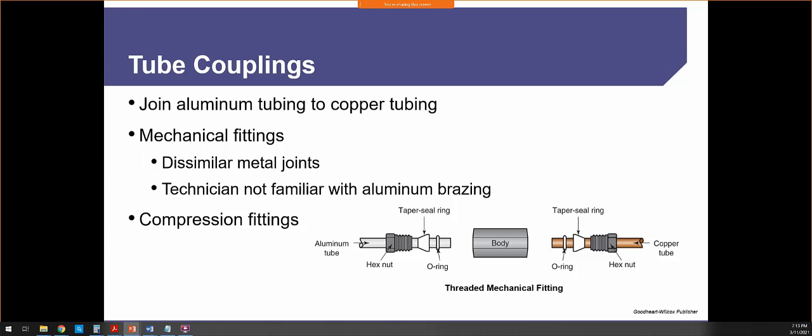One of the other things that I showed you guys on the video was the press fittings. Those are really nice because all you do is you put the copper inside of a fitting, you press a button, the jaws clamp down onto the fitting, and you make a nice tight seal.